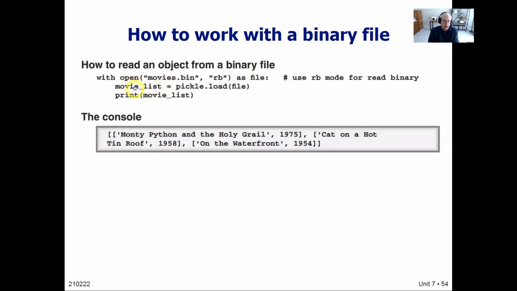And so now we can create the object movie list from the pickle module and the load method, load the file in, and basically this takes the binary file and changes it into text so that RAM knows what to do with it. Okay, so it's reading that file into RAM, and then we can print it, and you can see it prints the way our other files did. It's printing the list of lists is what it amounts to here, because we do have a 3x2 database.